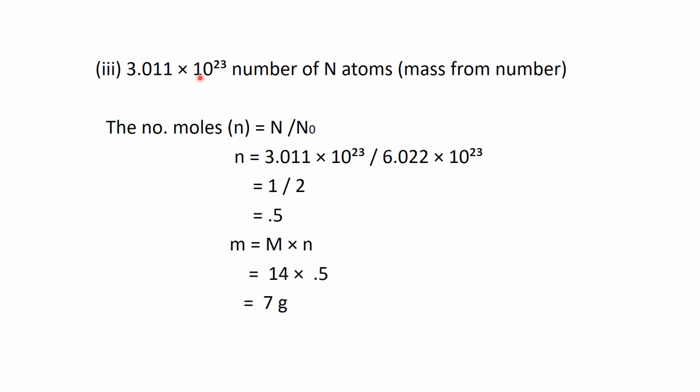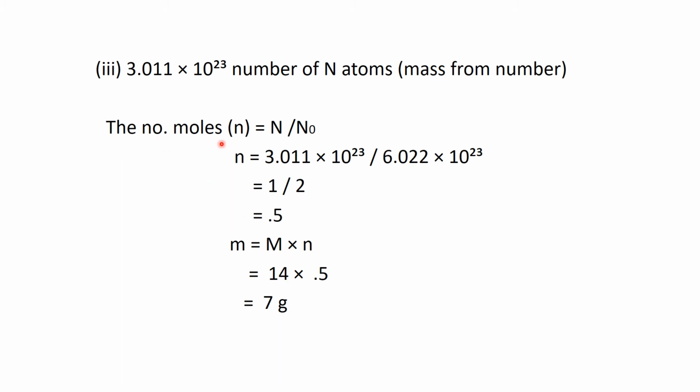So first of all you will find the number of moles from the given number of particles by putting the formula small n is equal to capital N upon N0, that is the given number of particles upon Avogadro number. When you get this number of moles, then you will put the formula that number of moles is equal to given mass upon molar mass. Then given mass will be mass is equal to molar mass into number of moles, right?